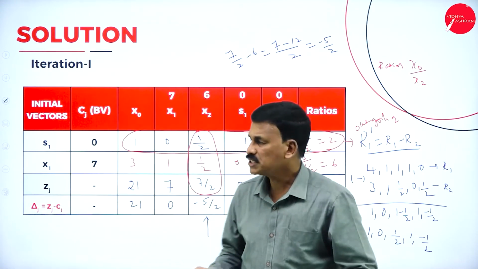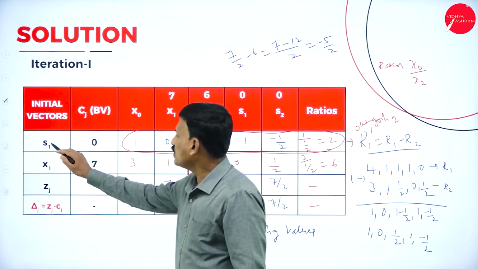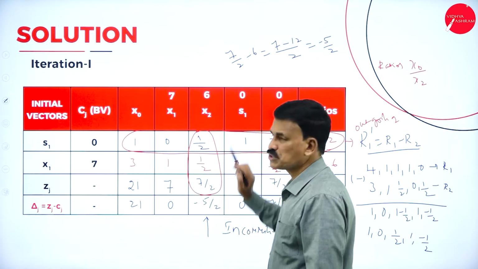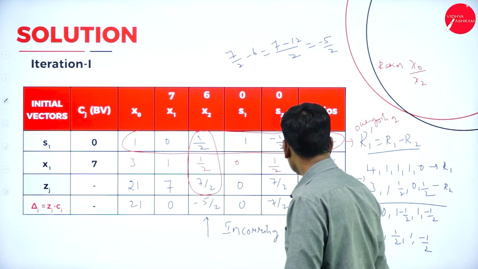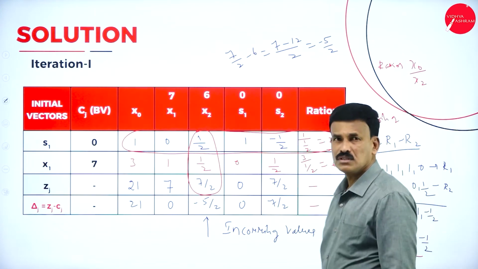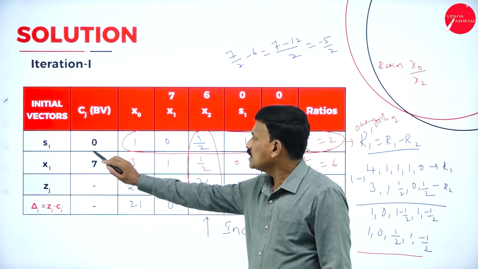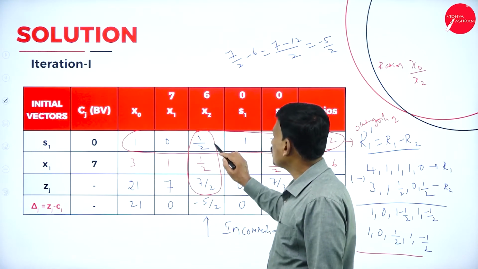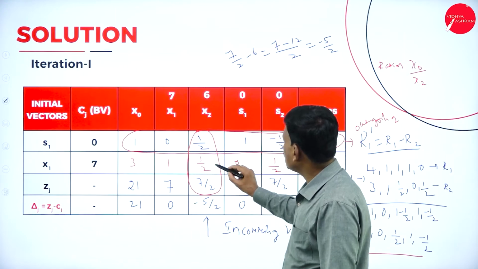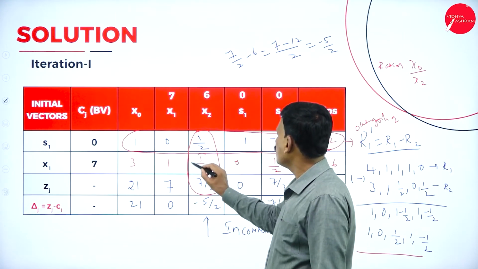So in the next table, this s1 is replaced by x2. Okay, that's it. Hope you are following. In the next iteration, this s1 is replaced by x2, and convert this key element. What is the key element here? 1 by 2.